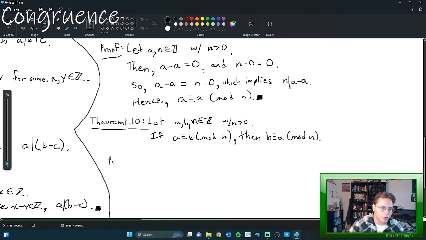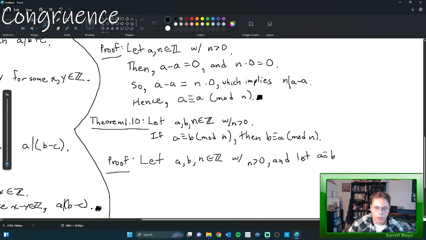So for our proof, similar to last time, we're just going to start with: let A, B, and n all be integers with n greater than 0, and let A be congruent to B mod n.